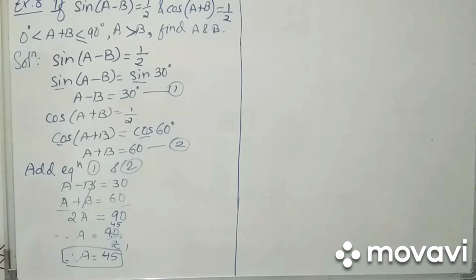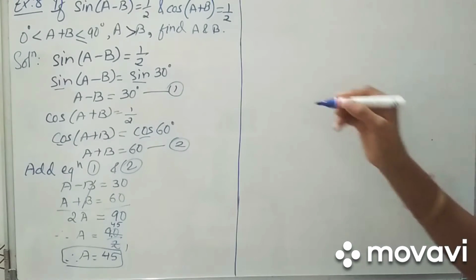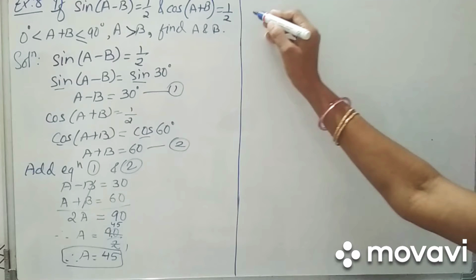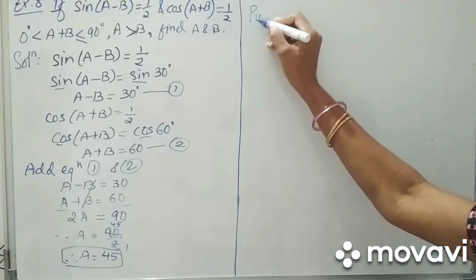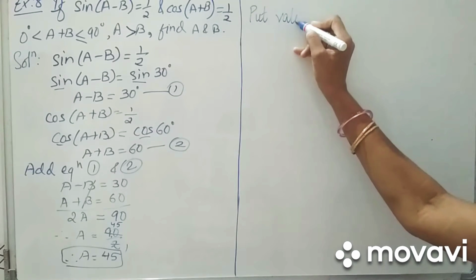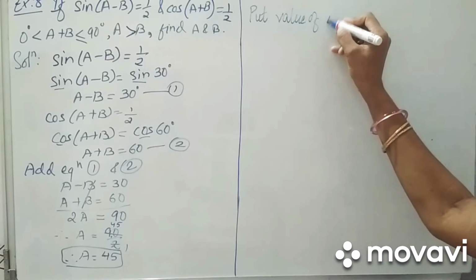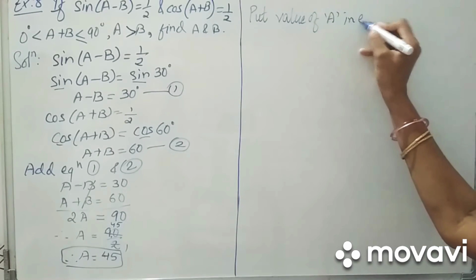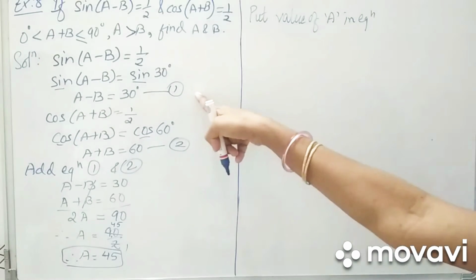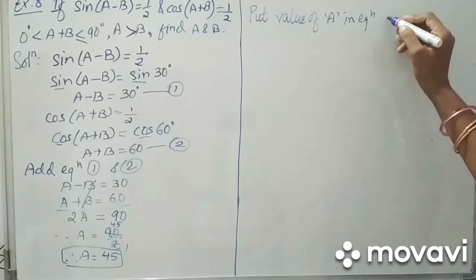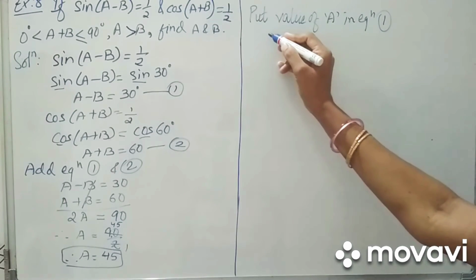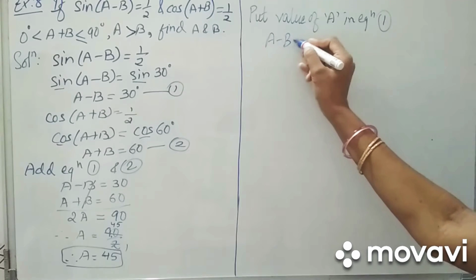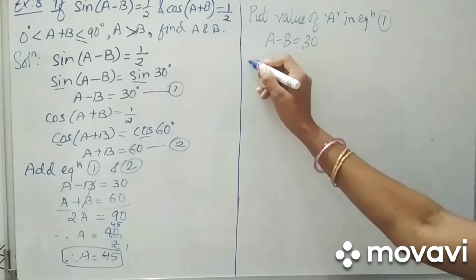Same way, what will we do in the next step? Same method would be used. Put the value of a in any of the equations, you can put it in equation 1. A minus b is equal to 30.